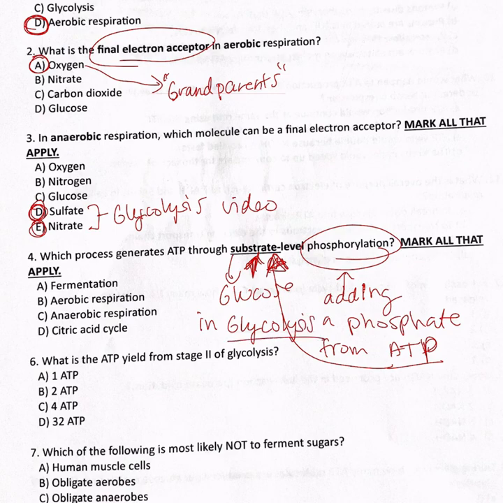Okay, so which one has glycolysis? Fermentation has glycolysis. That means it changes glucose to pyruvate and then pyruvate to acids. Aerobic respiration has glycolysis because it makes pyruvate, and anaerobic respiration has glycolysis. The citric acid cycle is part of these 2, but on its own, it's not doing substrate level phosphorylation.